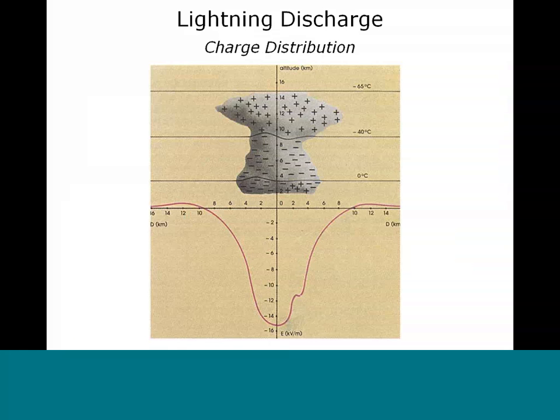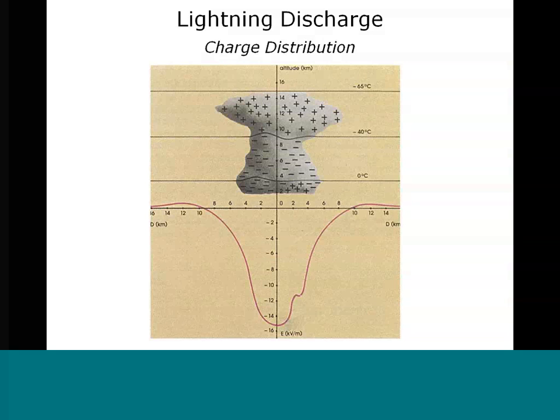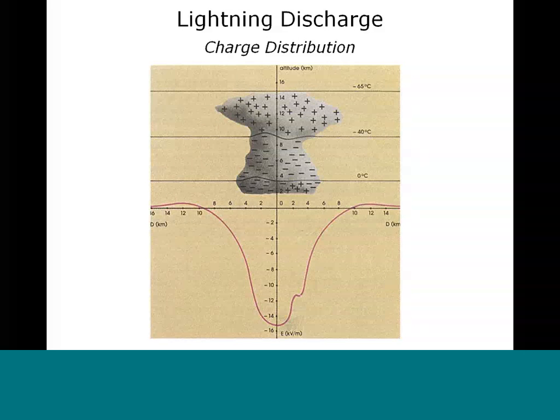If we take a look at a typical thunderstorm cloud, it consists of three different charge regions. One main negative charge region, which usually occupies the lower part of the thundercloud, and the positive charge region in the upper part, and we have a very small portion of positive charge.